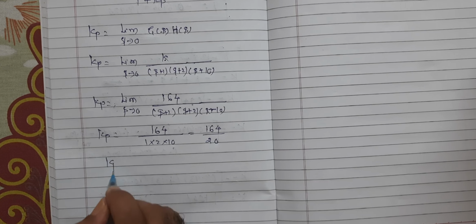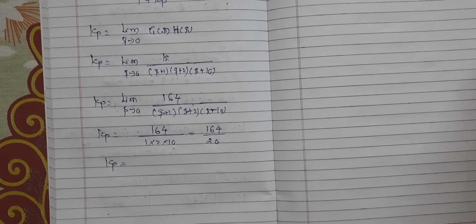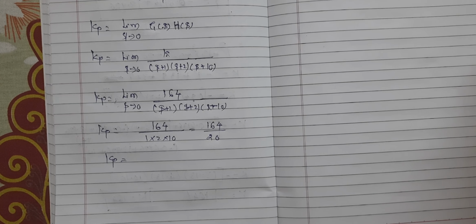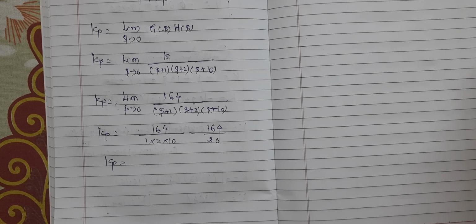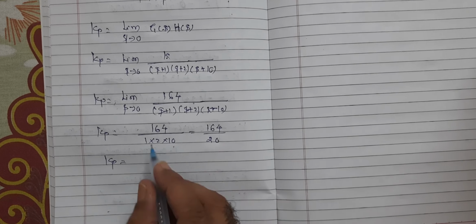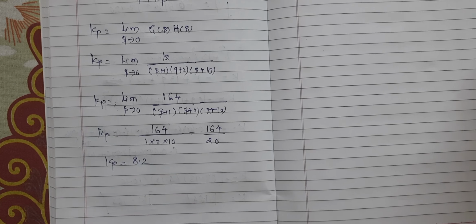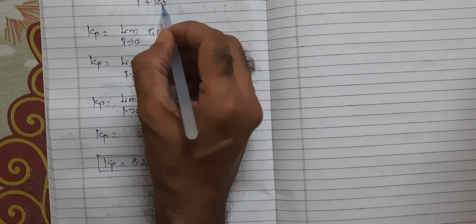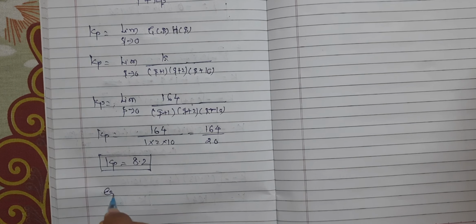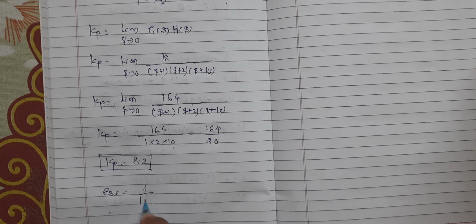So this Kp becomes how much? 8.2, it is coming. So this is our Kp. Now this Kp we will put here. ESS becomes 1 over 1 plus Kp.